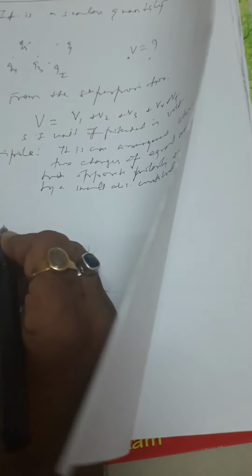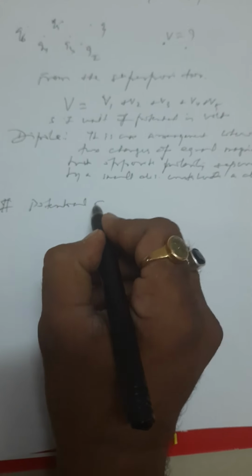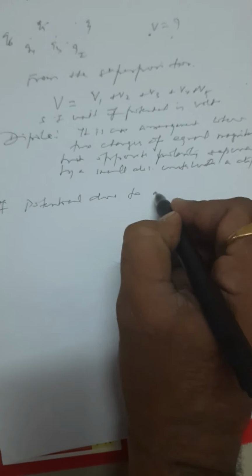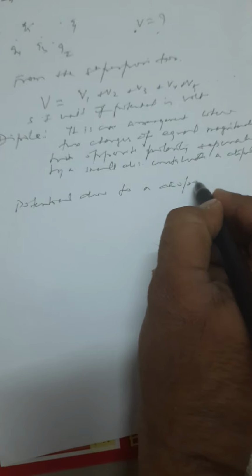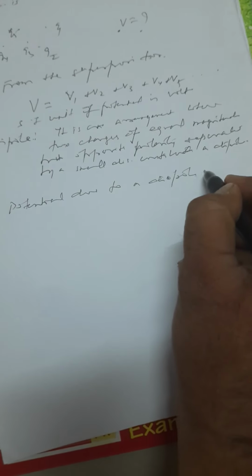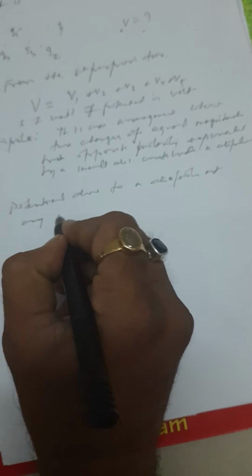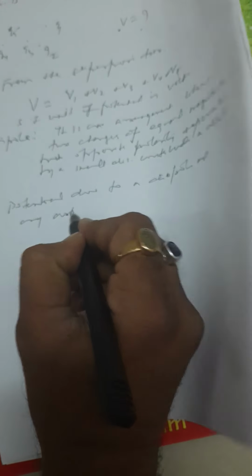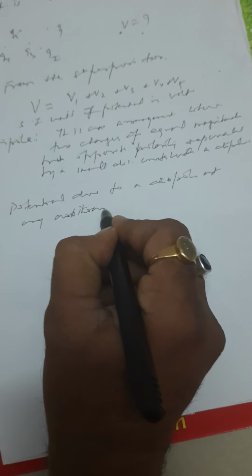Now we need to find the potential due to a dipole. So the next topic is potential due to a dipole at any arbitrary point.